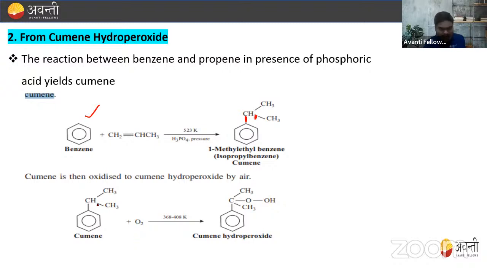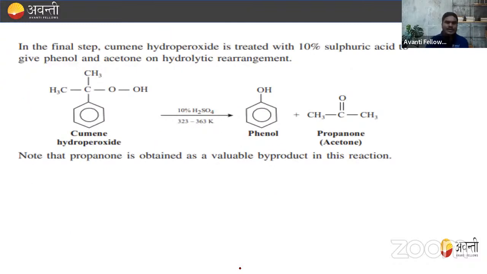Now, when cumene is oxidized, it gives cumene hydroperoxide. With O2, this O and O will form, so cumene hydroperoxide will be formed. In the final step, cumene hydroperoxide is treated with 10% sulfuric acid to give phenol and acetone on hydrolytic rearrangement.